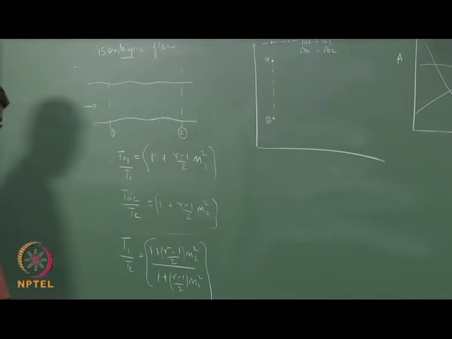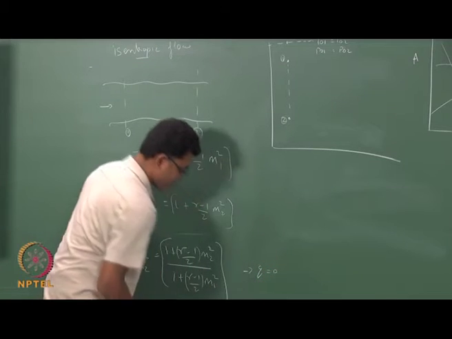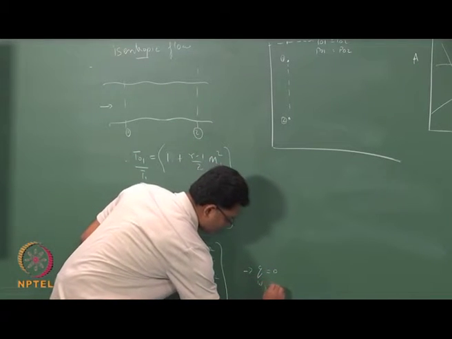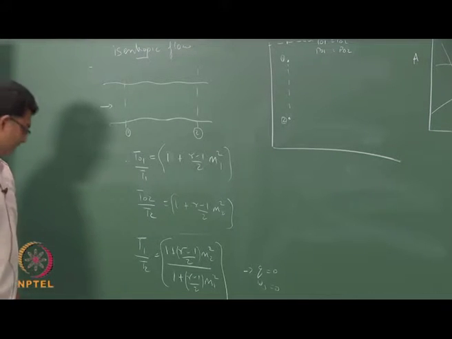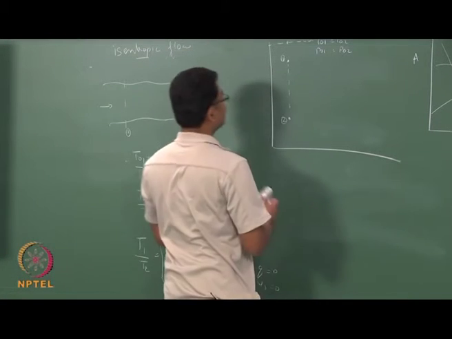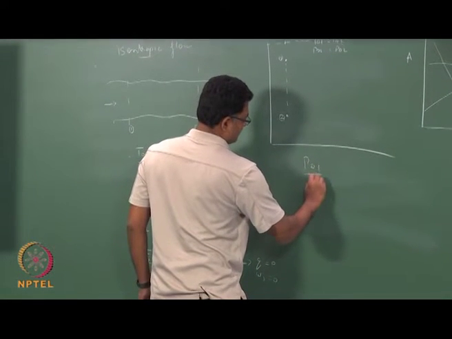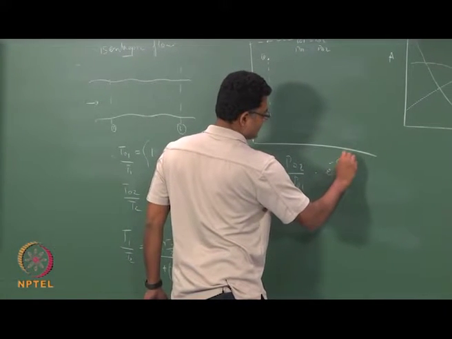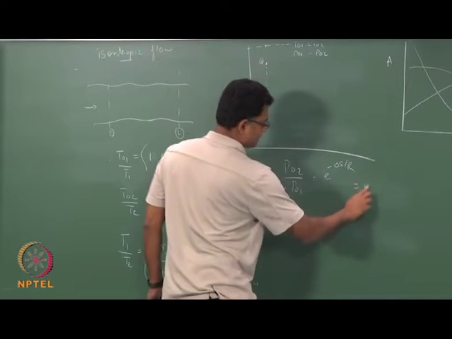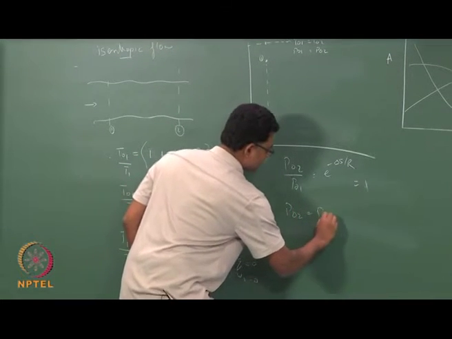Okay. So, this we have assumed Q equals 0, W equals 0. Okay. And we have also seen P02 by P01 to be e power minus delta S by R, which is now assumed 1. So, your P02 is same as P01.